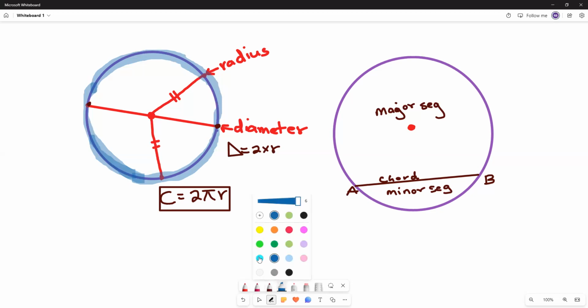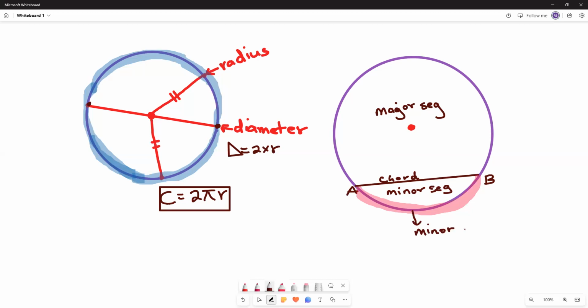So guys, I'm going to pick this color. Okay, let's highlight. This is a part of the circle. We call it a minor arc. This part here, it's a minor arc. And then that other part, that side, we're going to call it a major arc.